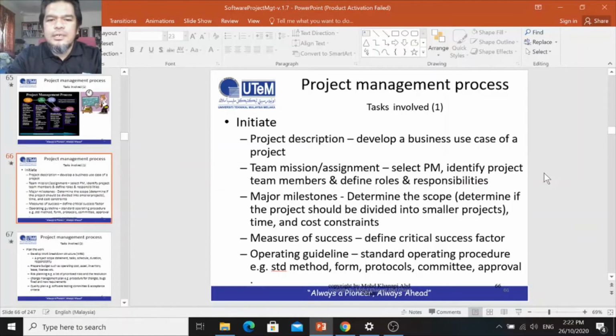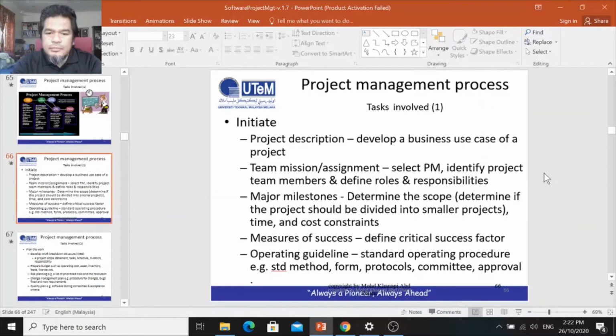That means you set up the project. You need to describe the project, develop a business use case, create the team assignment and team mission, create the major milestones, determine the scope, determine if the project should be divided into smaller projects or time and cost constraints.